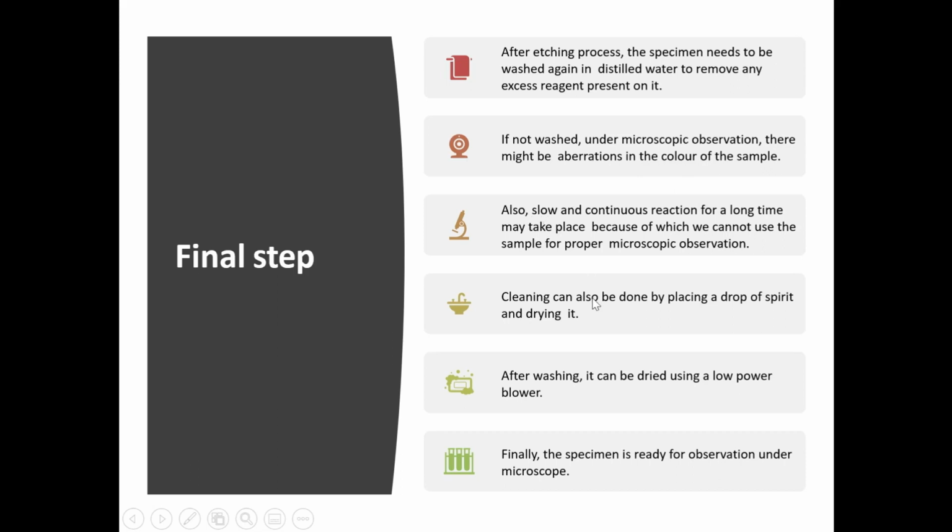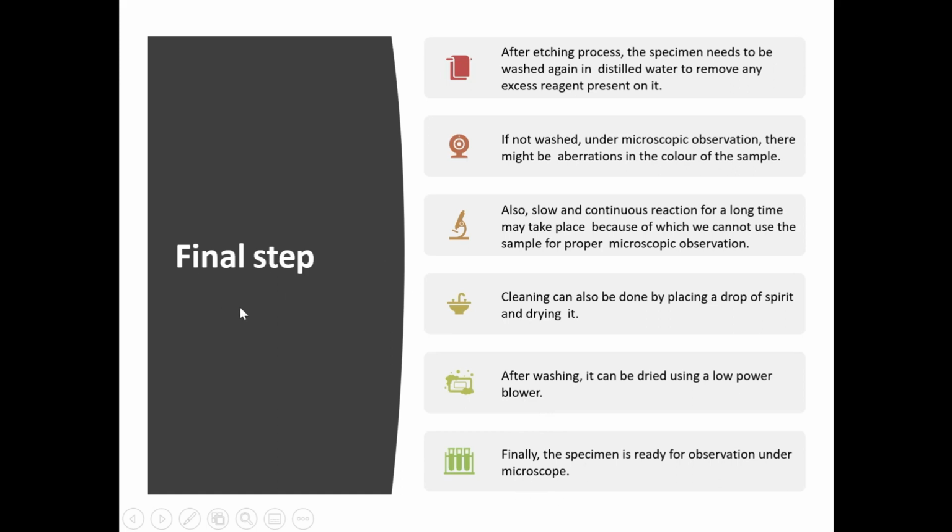Also, a slow and continuous reaction may take place for a long time, because of which we cannot use the sample for proper microscopic observation. Cleaning can also be done by placing a drop of spirit and drying it. Next, after washing, it can be dried using a low power blower. Finally, this specimen is ready for observation under the microscope.